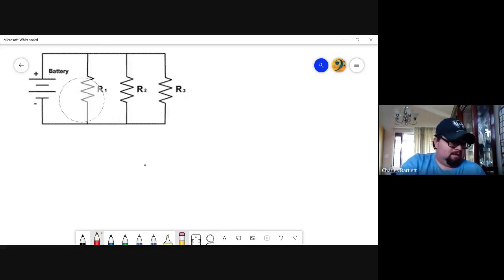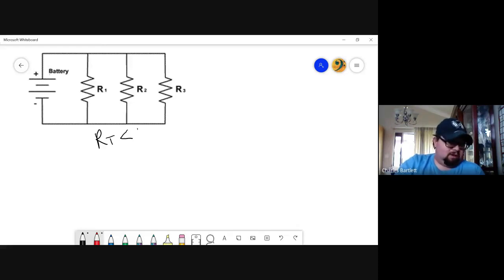That means I can make at least one hard and fast statement about a parallel circuit that only has resistance: RT is always going to be less than any one resistor in the circuit.